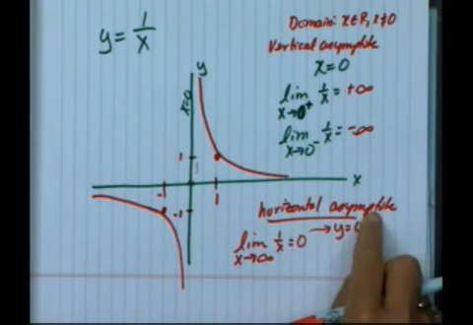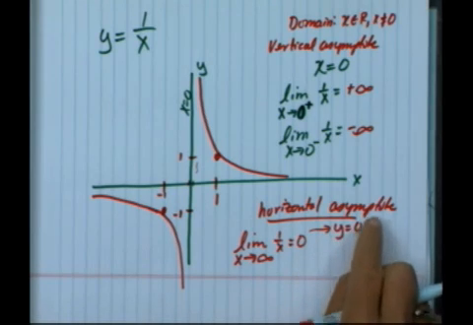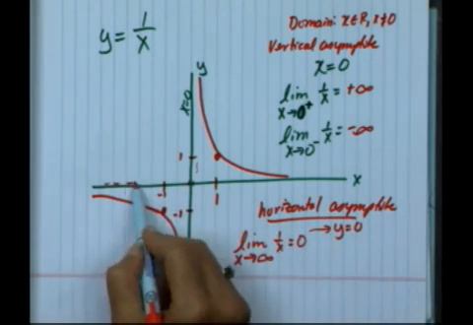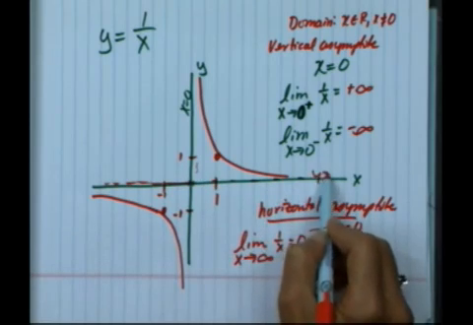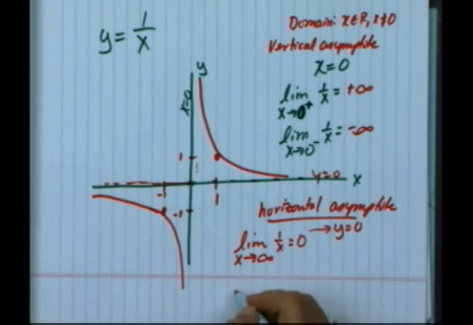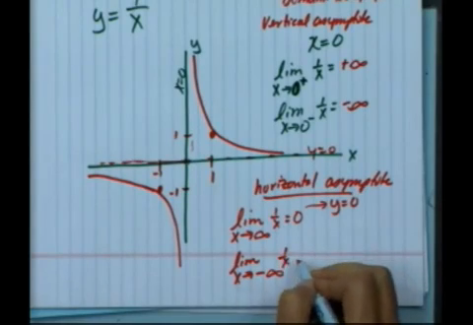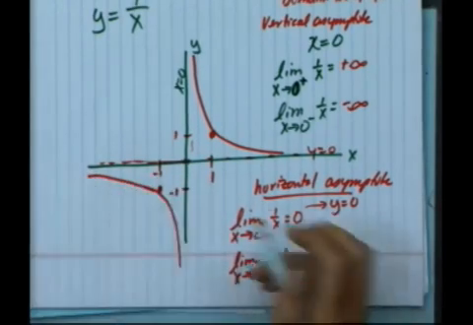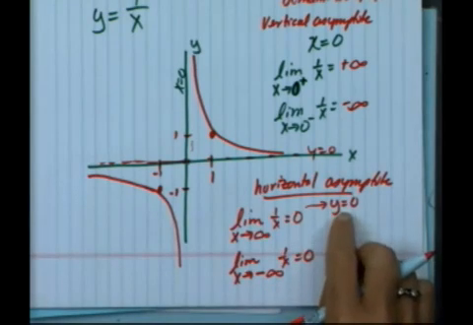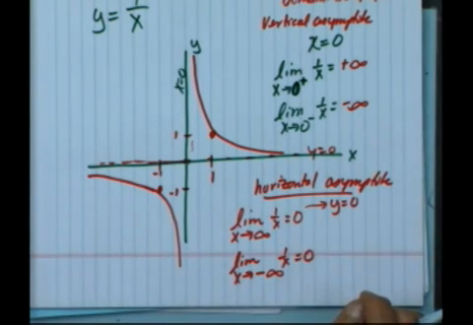Therefore, definition of horizontal asymptote, y equal to 0 is my horizontal asymptote. We can look at the limit as x gets really, really small, and it's approaching 0. 0 is my horizontal asymptote. Definition of horizontal asymptote. Okay?